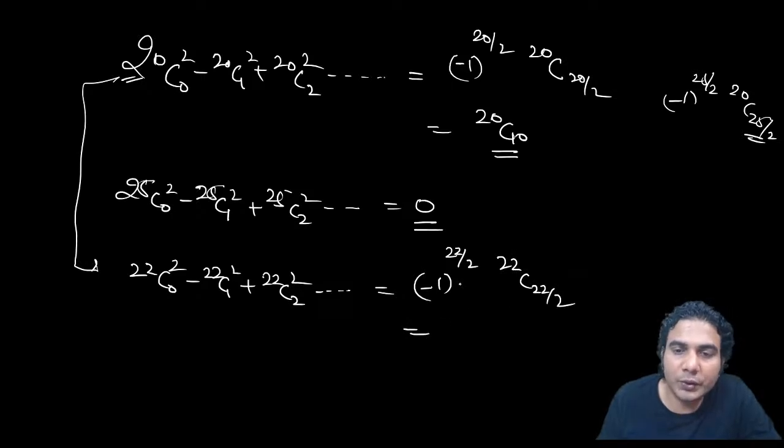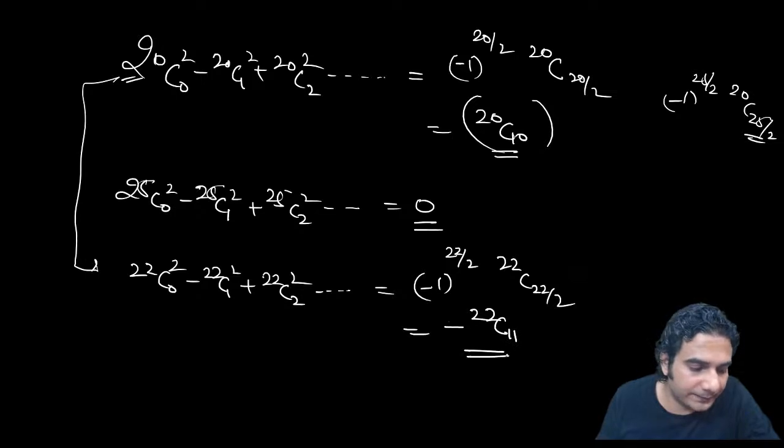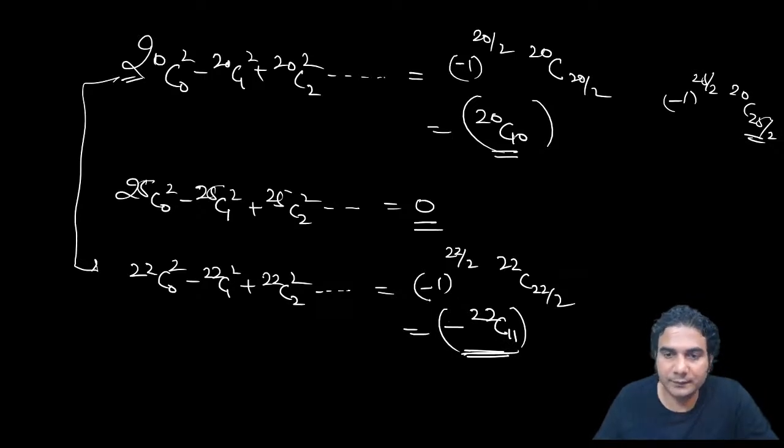I just wanted to show you that the answer might be negative also, right? So this was positive and non-zero. This is now negative and non-zero. So it is minus 1 raised to 11, which is minus 1, and it is going to be 22C11. All right. Have you got it? So this was the sum.